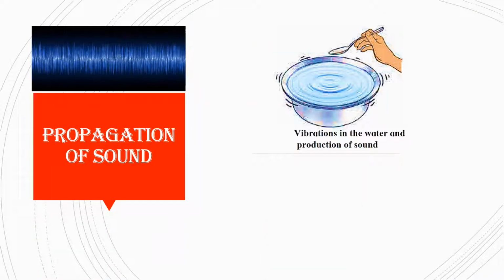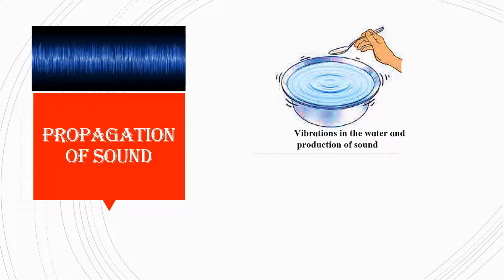Now students, to understand propagation of sound, you can take a pot filled with water and strike it lightly on its rim. What do you see? And why are waves formed on the water in the pot? Yes, when the rim is struck, the pot starts vibrating and we see waves on the surface of water.